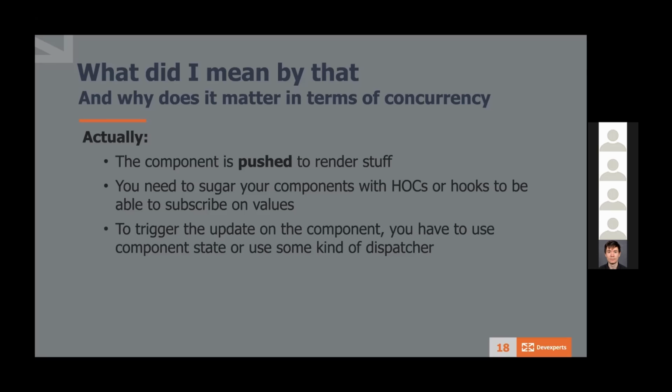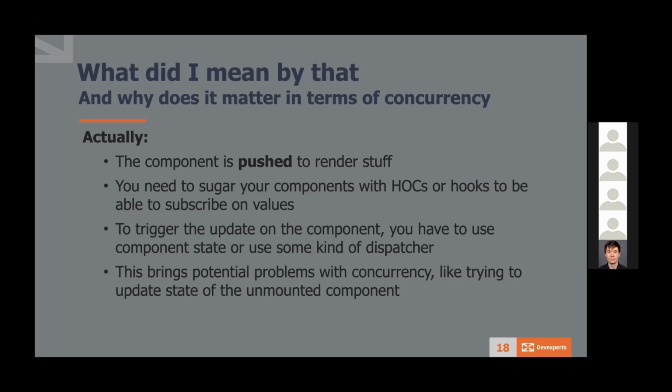So the component state, if it's simple, if it's on primitives, it's okay. But for objects, it's not as okay. So keep that in mind. And this brings potential problems with concurrency, like trying to update state on the unmounted components as well.